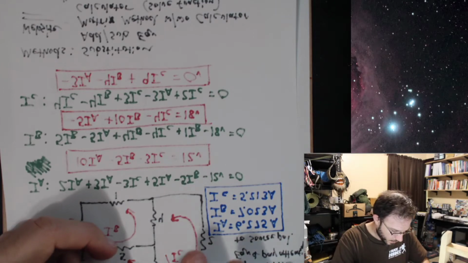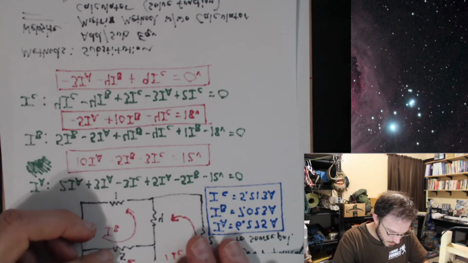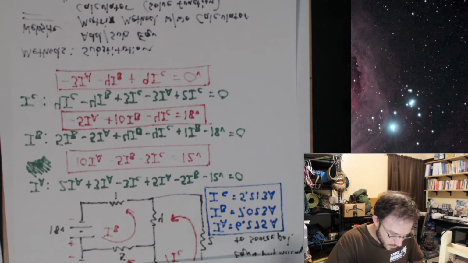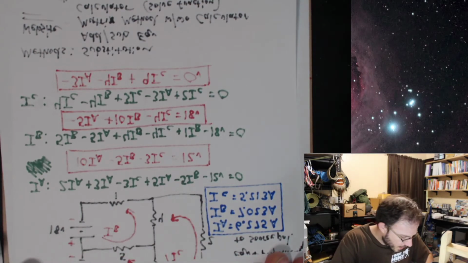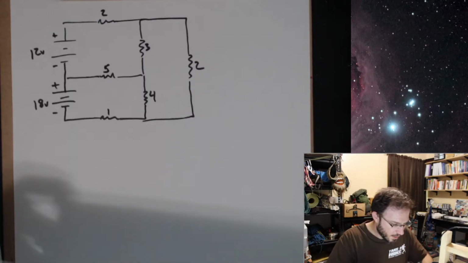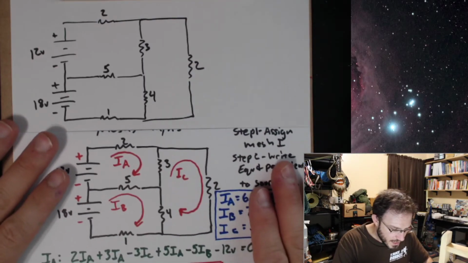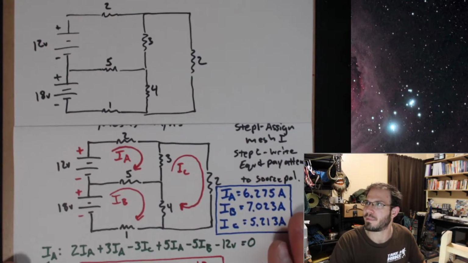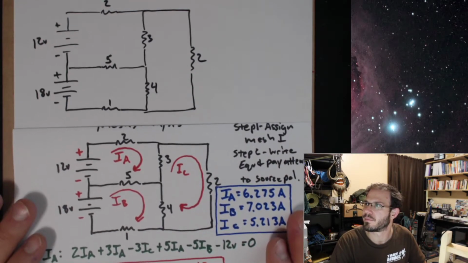I bet if I fold the top, that's the one thing I do not like about remote teaching, is that I just don't have a whiteboard big enough for what happens in these classes.